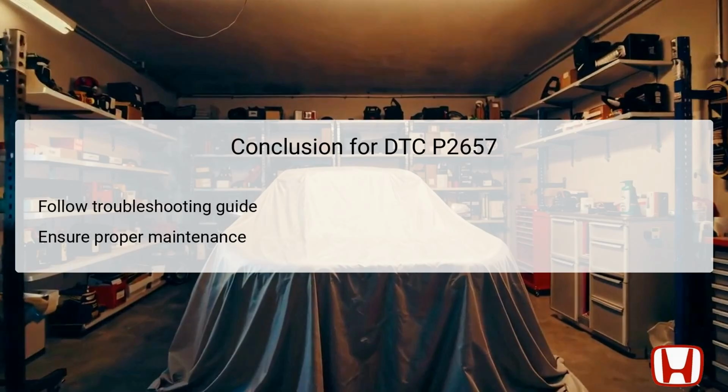Employing these strategies not only facilitates accurate diagnostics, but also prolongs the life of engine components. By following the guidelines provided, owners of the Honda Pilot can maintain their vehicle's performance and prevent future occurrences of DTC-related issues. Remember, a well-maintained vehicle is essential for reliable operation.